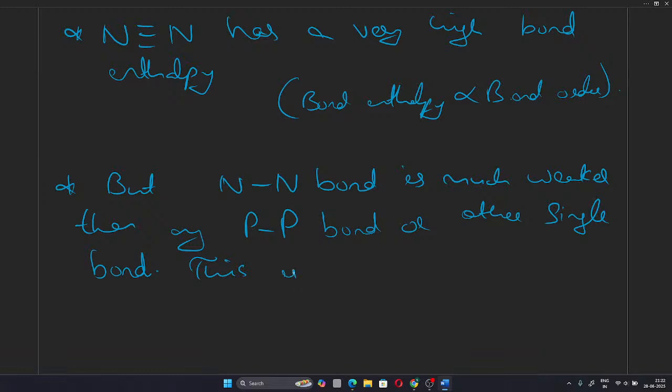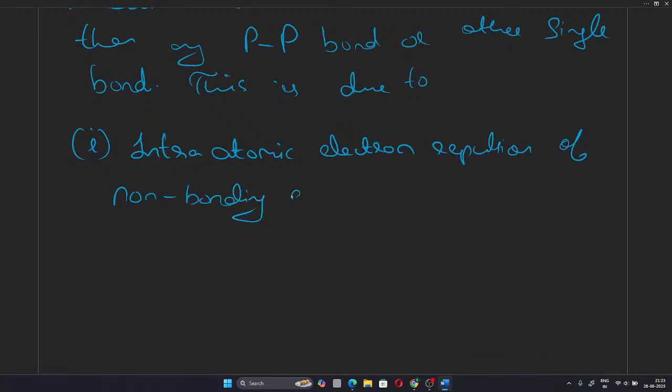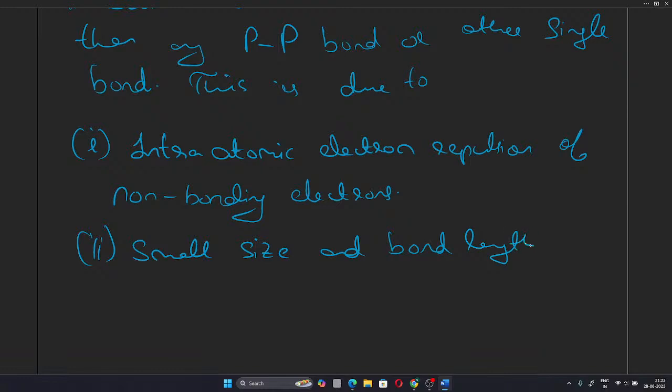This is due to intra-atomic electron repulsion of non-bonding electrons, and the small size and bond length of nitrogen, mostly due to electron repulsion.